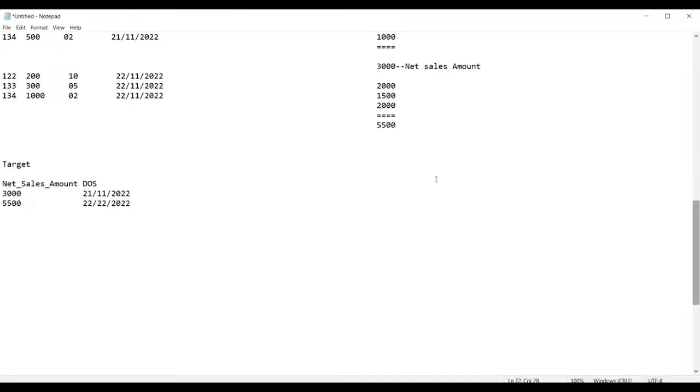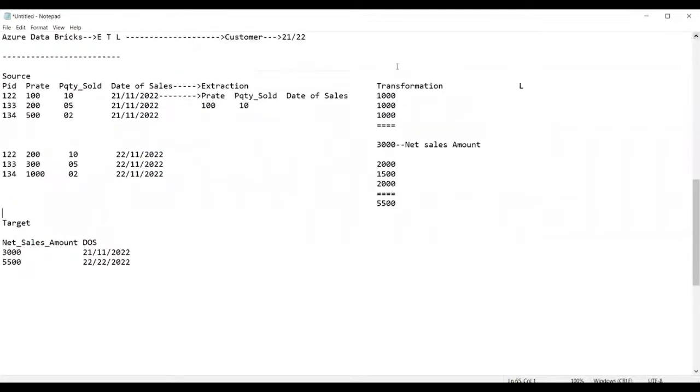Now, this particular thing is called the output. This entire thing, what have we done? We have transformed the data of two tables into one table in a summarized manner. This data you can report to the customer, stating that this is the difference of sales between the 21st and 22nd day of November 2022.